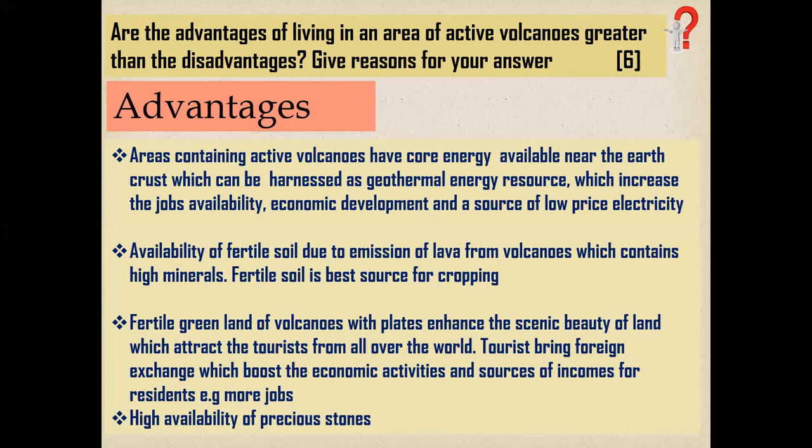So we can build the argument that people love to live in this region due to tourism. If more tourists come, they bring foreign exchange. This provides many sources of income for local people, is also a source of development of the region, and improves its infrastructure. We can build the relevant argument.